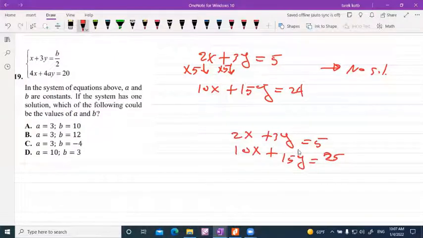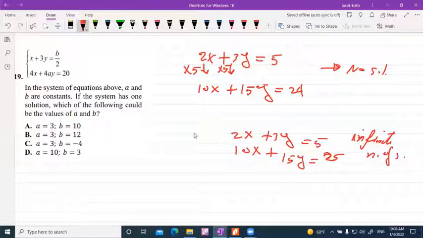And this will be 15y, and if you multiply the right side by 5, it will be 25. So all the numbers are multiplied, so it will be the same line, so infinite numbers of solutions. Why? Because everything is multiplied by 5.